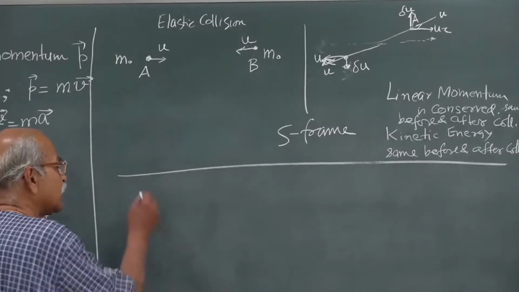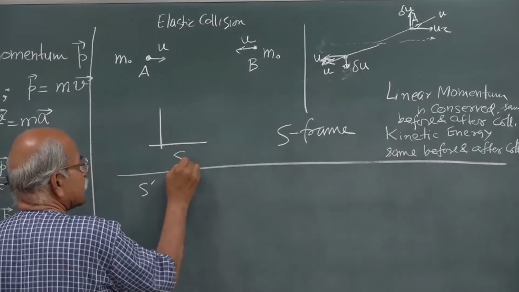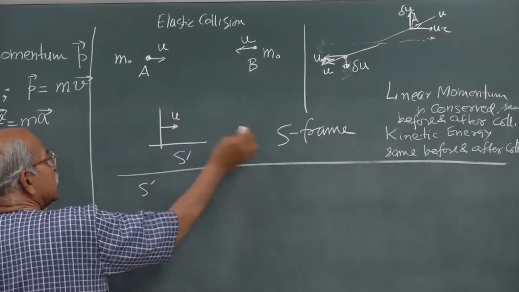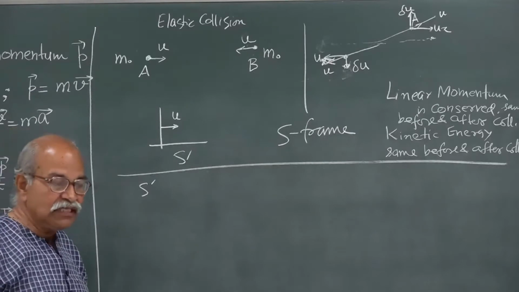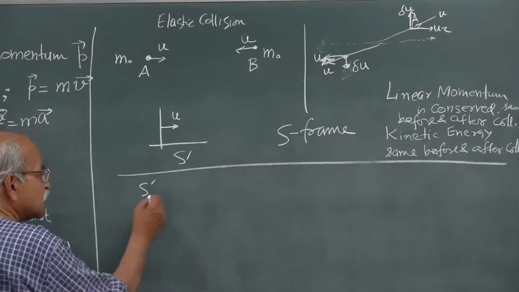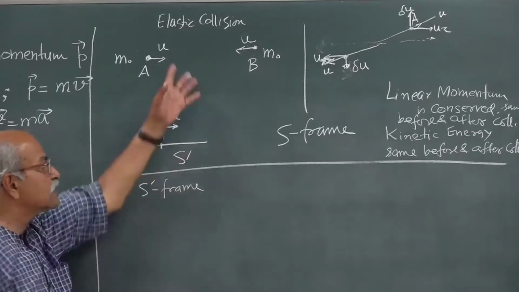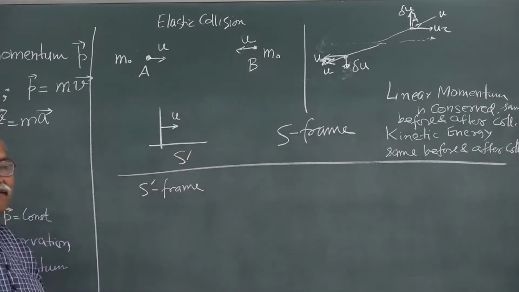So, I take S prime, which is moving with respect to S with a speed u. So, in this S prime frame, what will be the situation? What are the velocities before the collision and after the collision?